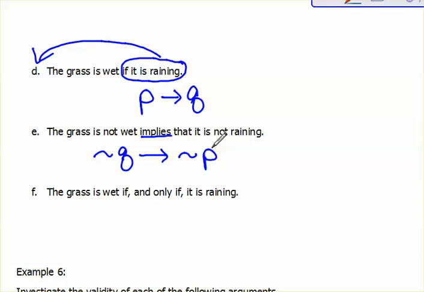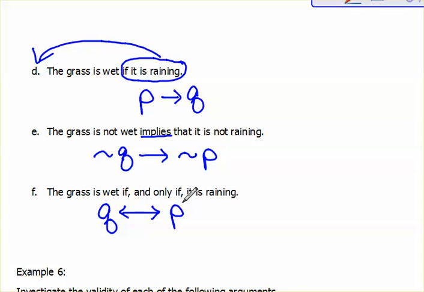The last one here says the grass is wet, so that was Q. If and only if, that was our double implication or our biconditional, it is raining, would be P.